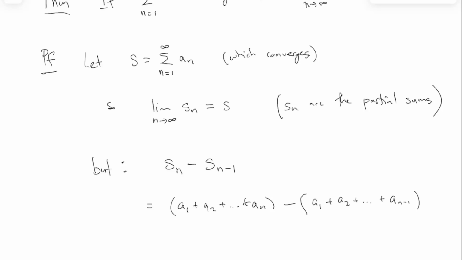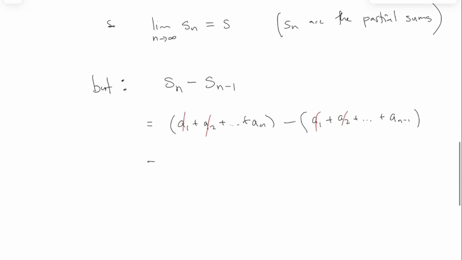All the other ones cancel because they are repeated. a1 cancels a1, a2 cancels a2, and so on. Everything will cancel except an, because everything else appears in both parentheses, and so it will get canceled. So this is an. All right, so I'll just write that again. Sn minus Sn-1 equals an.